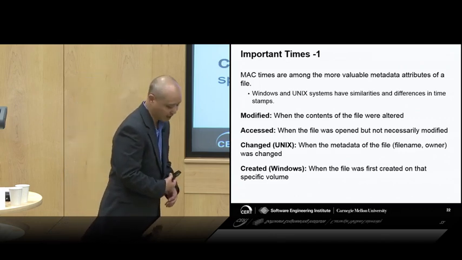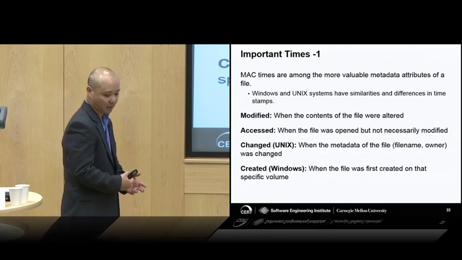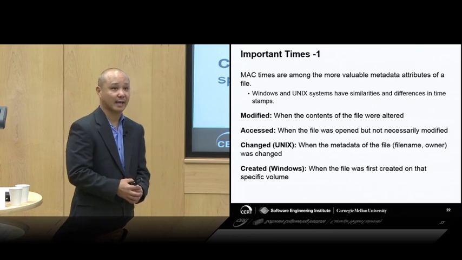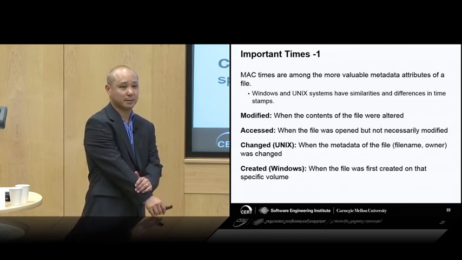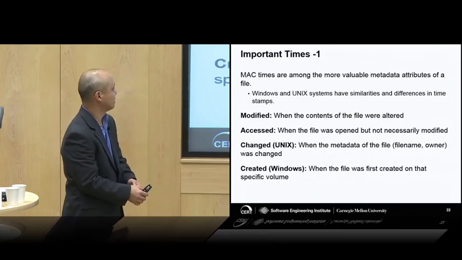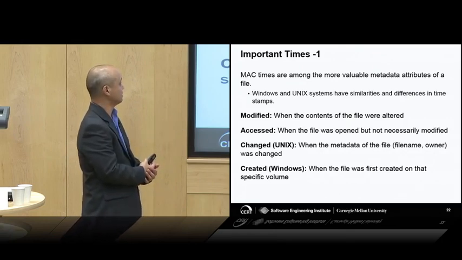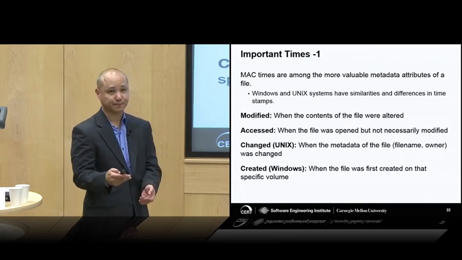Modified is when the files were altered. Accessed is when they were opened, but not necessarily modified. If you just open to read only, you'll get an accessed value, but you will not get a changed value. And then in Unix, if it is actually modified at all, you'll get a different date and time for each of those attributes.